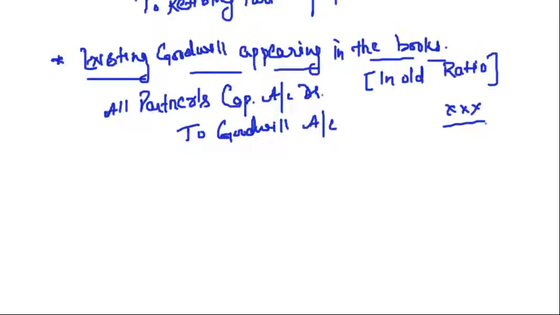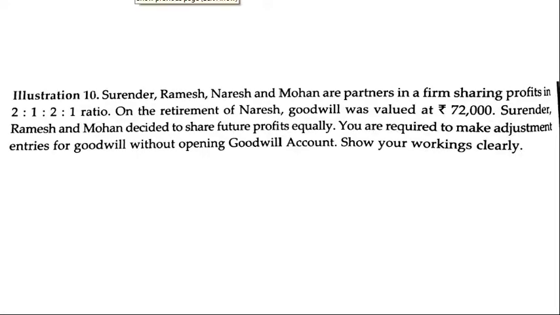Okay. Let us do a practical problem. See, Surinder, Ramesh, Naresh and Mohan are partners in a firm sharing profits in the ratio of 2:1:2:1. Now, Naresh is retiring. On the retirement of Naresh, goodwill was valued at 72,000. This is the goodwill of the firm.